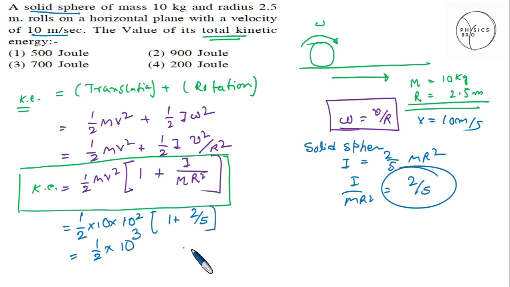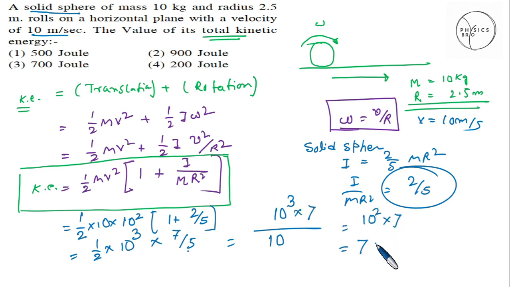It is 10 to the 3, into 7 by 5. So this gives us 10 to the power cube, and there is 5 and 2, so there is another 10 into 7. So this is 10 square into 7, that is 700, and the unit will be the joule. So what will be the answer here? There is 700. Okay, this is our answer.